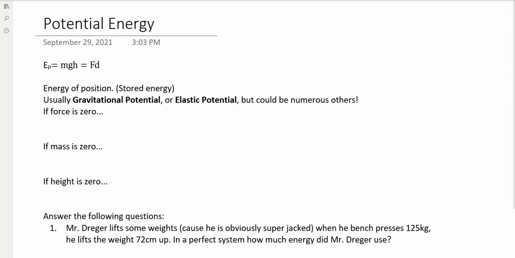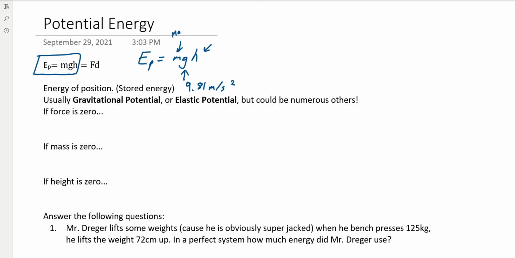So here we have, first of all, the basic formula for potential energy, and this is specifically talking about gravitational potential energy, okay? And this is where mass is m, gravity is 9.81 meters per second squared, that's the g, and the h is the height.